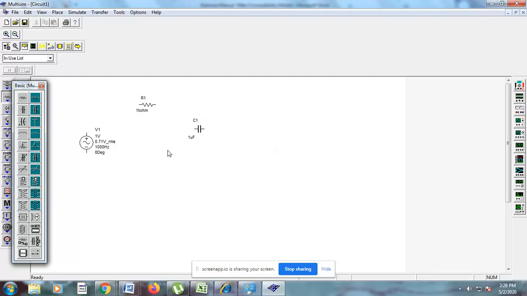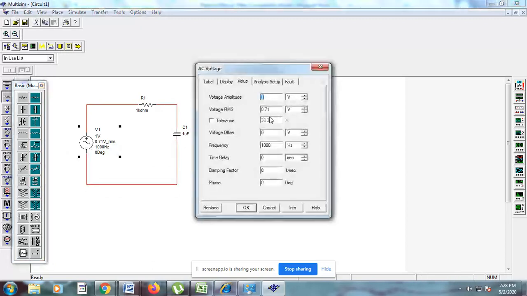So first we draw the low pass filter circuit. First we connect the voltage source to the resistance and the resistance to the capacitor, and the capacitor back to the voltage source. Now we change the voltage source rating.